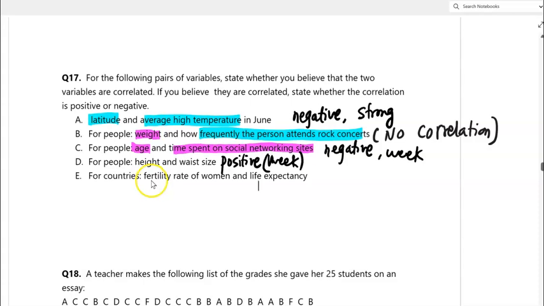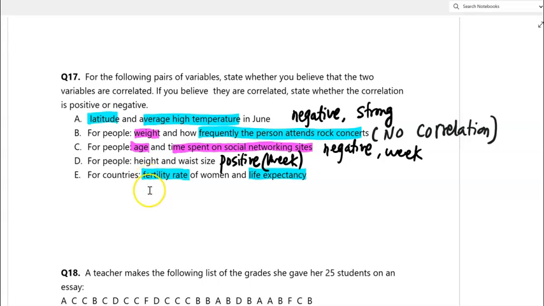Part D, for countries, fertility rate of women and life expectancy. There are two variables, fertility rate and life expectancy. In reality, women who bear fewer children are predicted to live longer than those who bear none or many children.